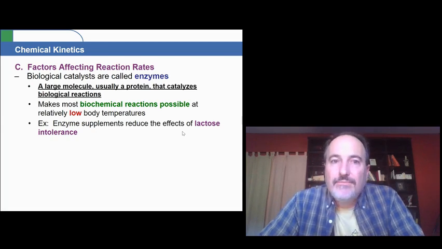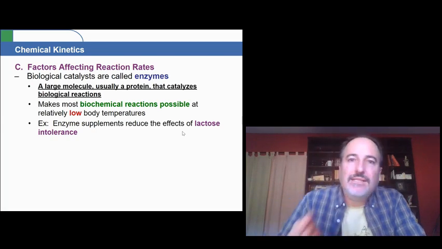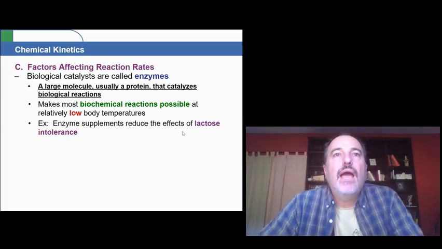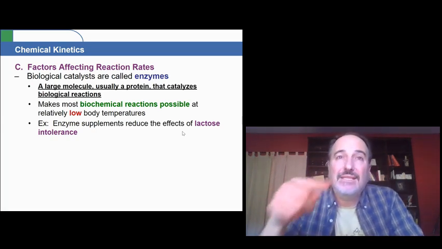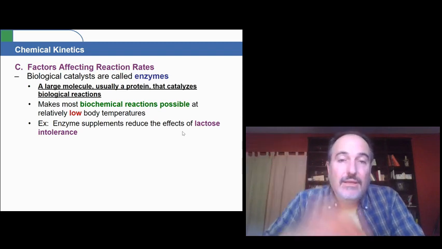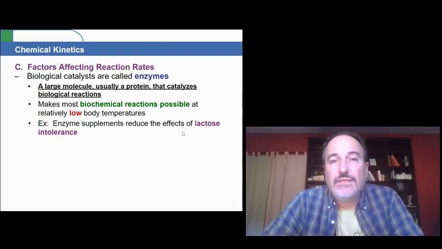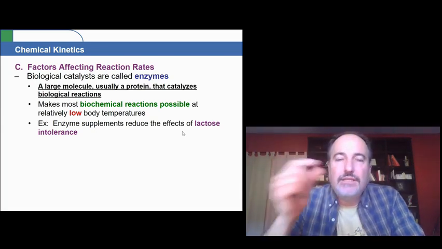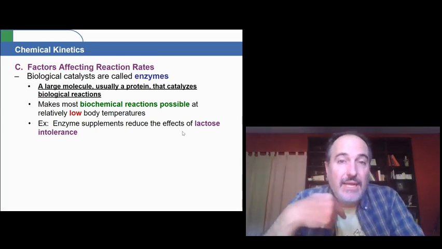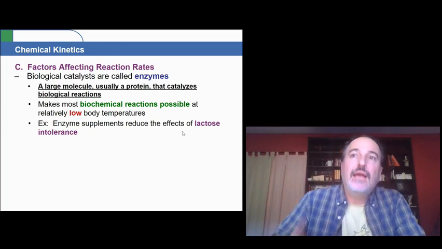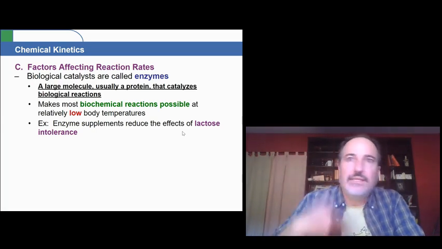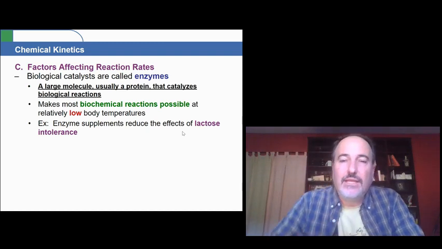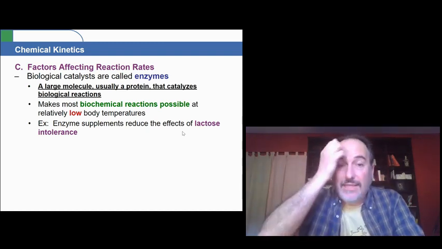However, since we know that it's this enzyme that helps digest the cow's milk, you can actually take that as a dietary supplement, as a pill. Let's say you're lactose intolerant and you want to have some ice cream. You can take a pill that has this enzyme in it. It gets into your stomach. You can then eat the ice cream or pizza or whatever, and it helps digest it, and it doesn't make you very sick. So that's one example.